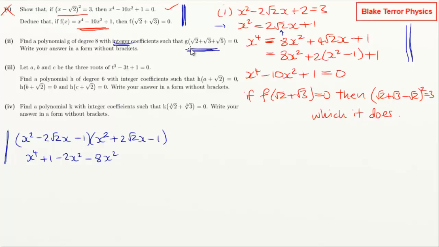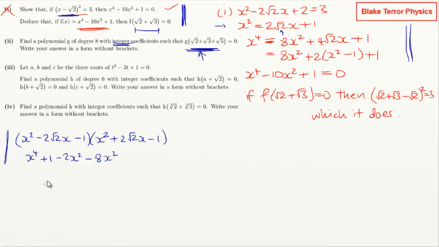The other thing that's bothering me though is this, because we've changed now. Here we wanted a root that was root 2 plus root 3, and they've used this thing here with a minus root 2. We've now got root 2 plus root 3 plus root 5 as the root we want to get.